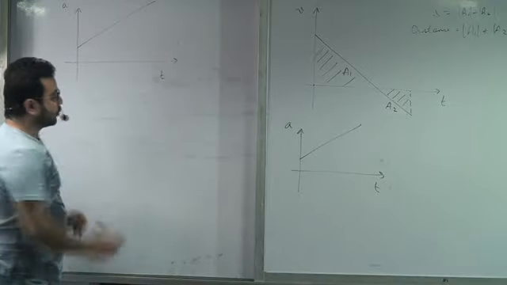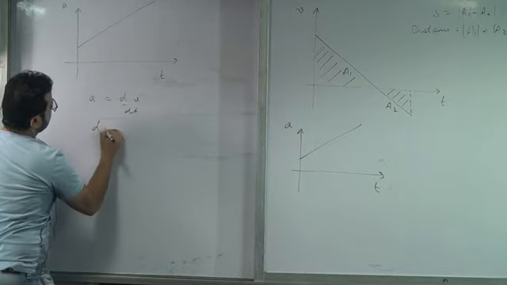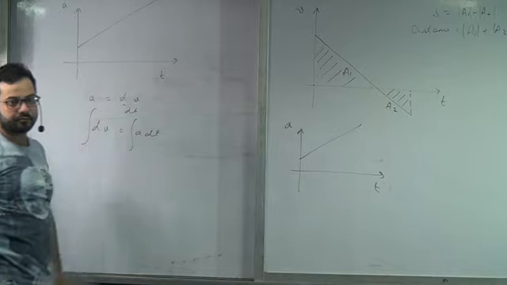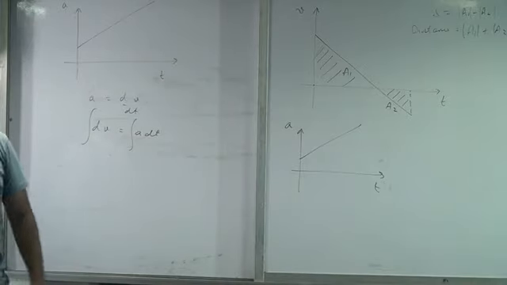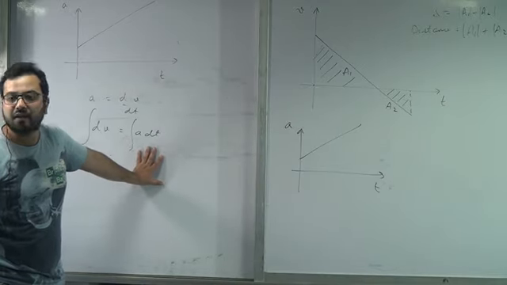Okay, do I know this? A is equal to dV by dt. Do I know this? dV is equal to A dt. Can I integrate both of them? First of all, what is integral of A dt?